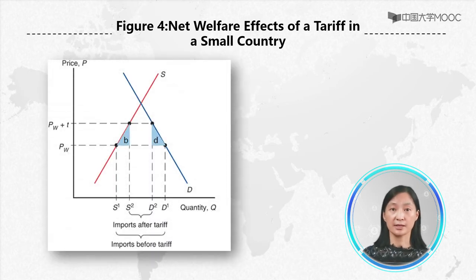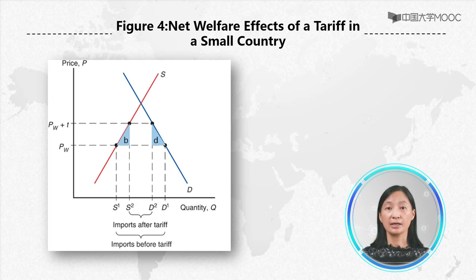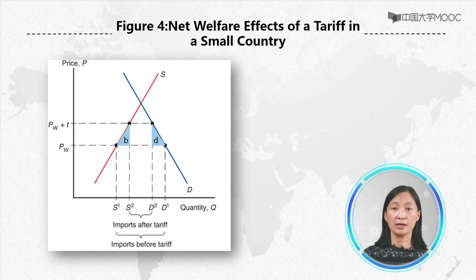Replacing these concepts by the areas in figure 3, we can get the net cost of a tariff is B plus D, which is constituted by two triangles in figure 4. The triangles represent the efficiency loss or deadweight loss that arises because a tariff distorts incentives to consumers and producers.